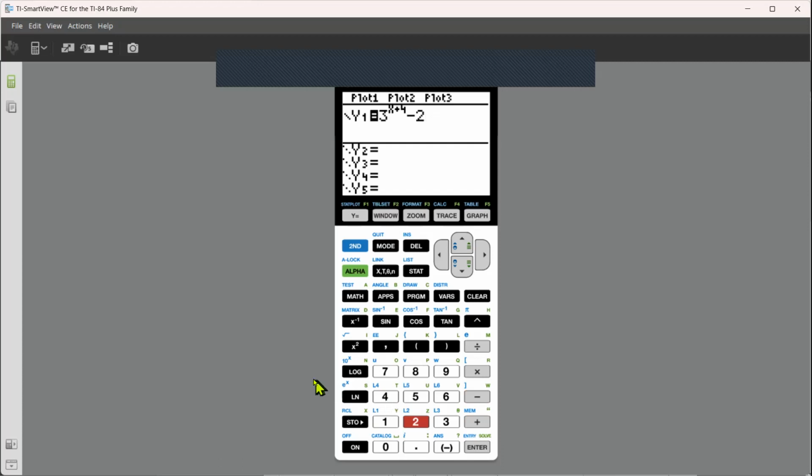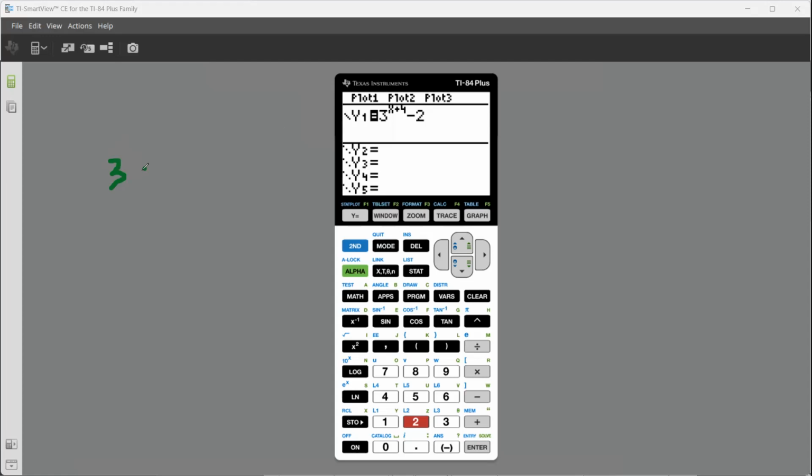Now, if your calculator doesn't show this as an exponent, depending on what you're seeing, you might have to do 3 and then your caret symbol, which is the triangle.